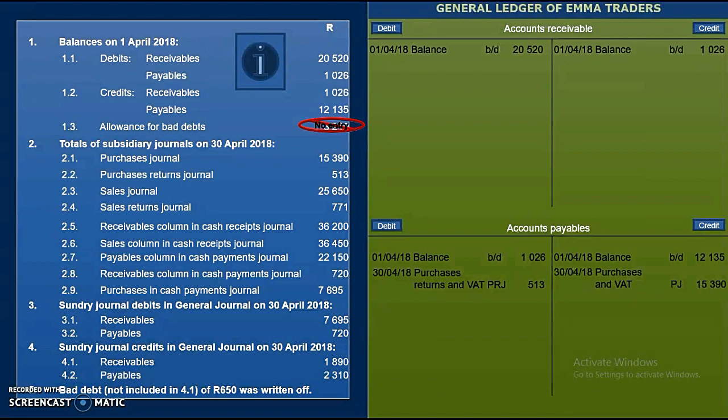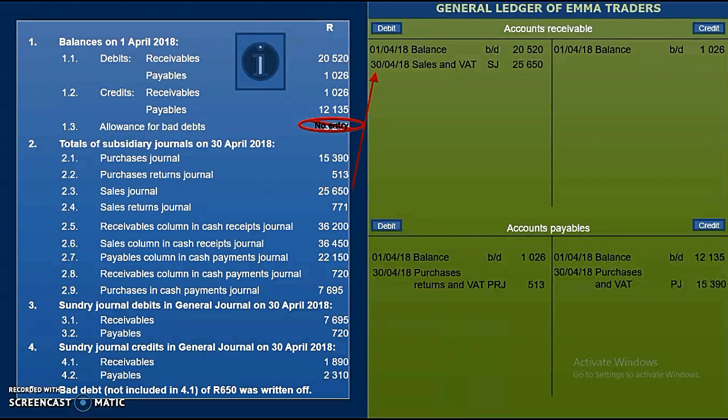The sales journal represents all sales made on credit. It therefore increases the amount receivable from debtors and should be recorded on the debit side of accounts receivable. If VAT is applicable, you'll have to write sales and VAT. Once again, VAT is an inclusive amount.